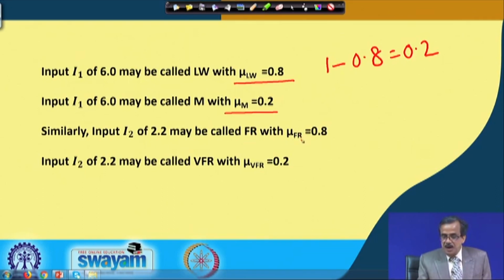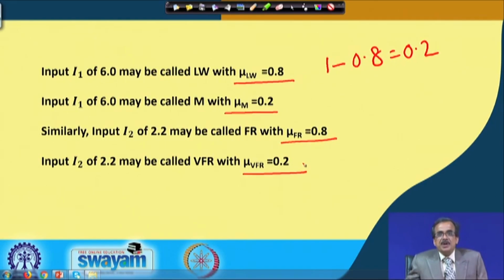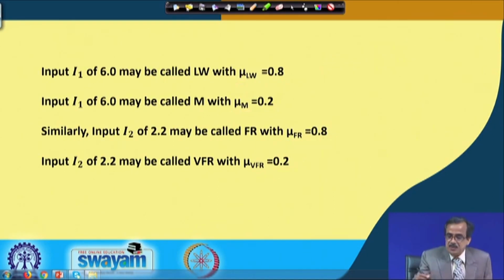So, mu far is 0.8. This can be calculated by following the same procedure. Now, the input I 2 of 2.2 may be called very far with the membership function value 0.2. So, for each of these inputs I 1 and I 2, with respect to their linguistic terms, we are able to find out the membership function values.